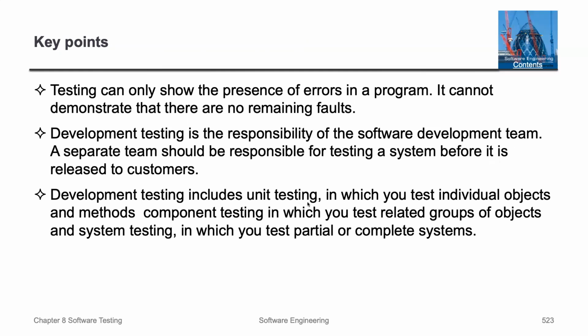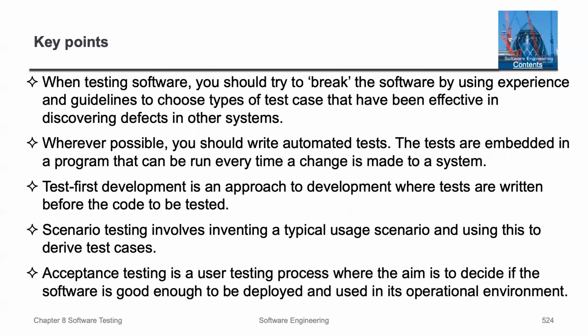Development testing includes unit testing, in which you test individual objects and methods. Component testing is where you test related groups of objects, and system testing is where you test partial or complete systems. When testing software, you should try to break the software by using experience and guidelines to choose types of test cases that have been effective in discovering defects in other systems.